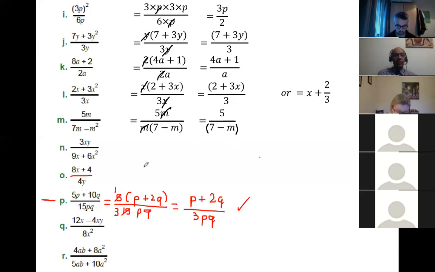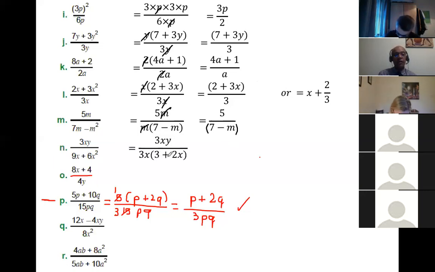So the next one, I've got a 3xy at the top. At the bottom, I've got 9x plus 6x squared. So again, it's the denominator that we're going to factorize. I've got a 6 and a 9. They both go into the 3 times table. And I've got an x and an x squared, so I can get 3x outside.